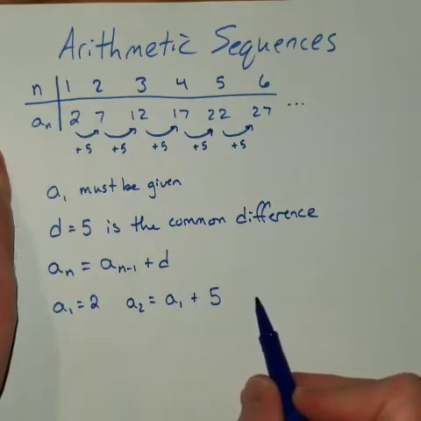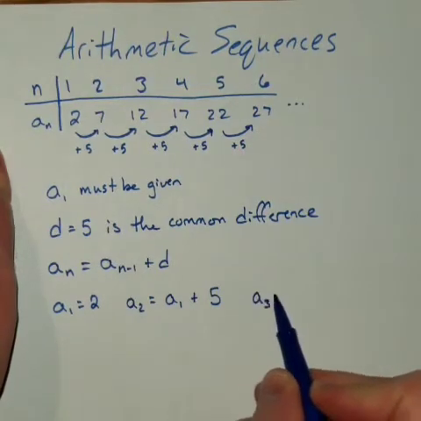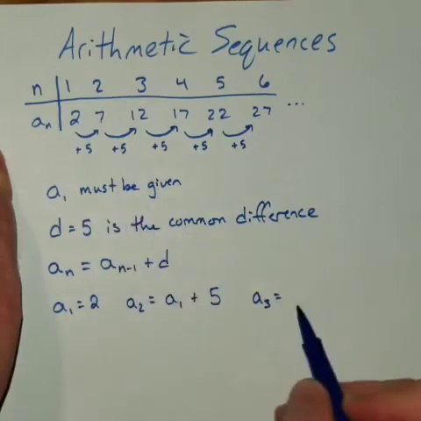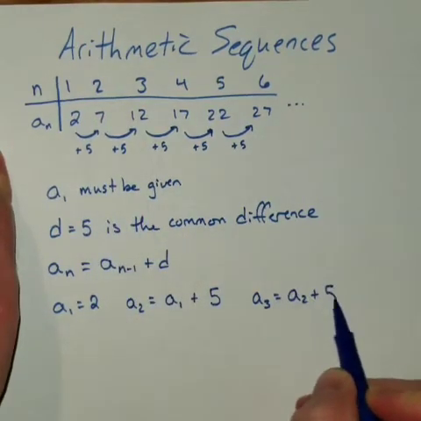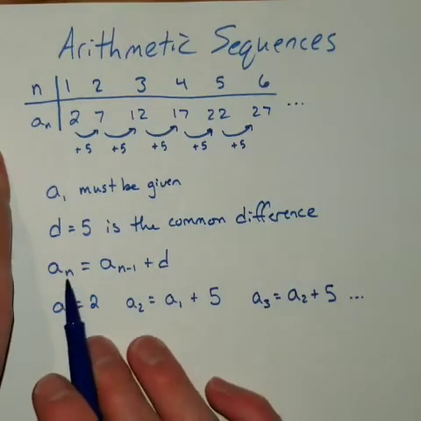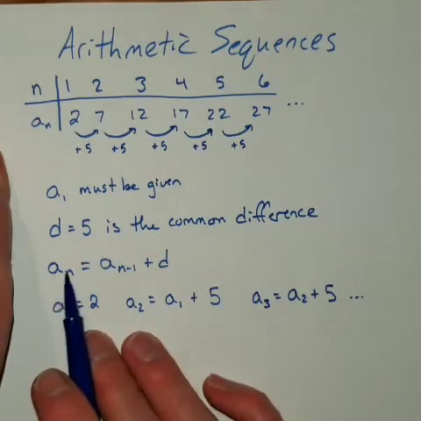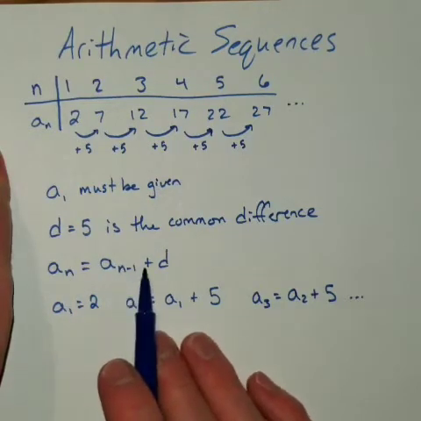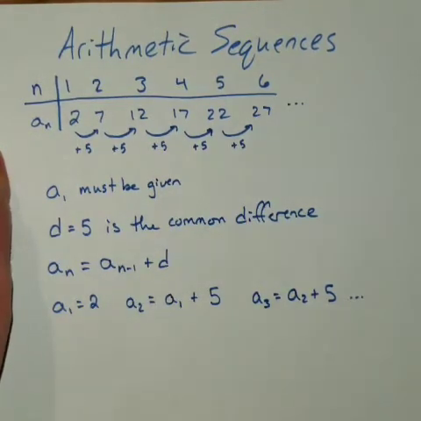And then the a sub 3, that's our third one here, is the previous one plus 5. So that'd be a sub 2 plus 5, and so forth. And that's how we get this recursive definition. Every term, the nth term, is equal to the n minus first term plus the common difference.